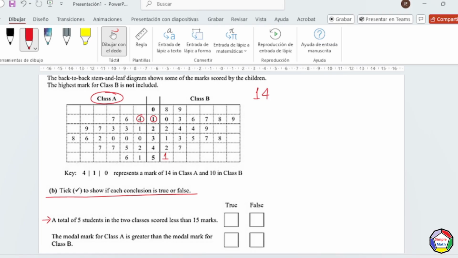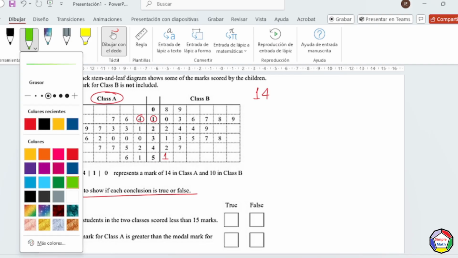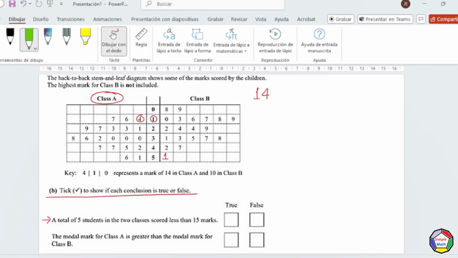What happened in class B? I'm going to change the color. Let's use green. It says a total of 5 students in the 2 classes scored less than 15 marks. So in class B, we have the number 10. Yes, the number 10.